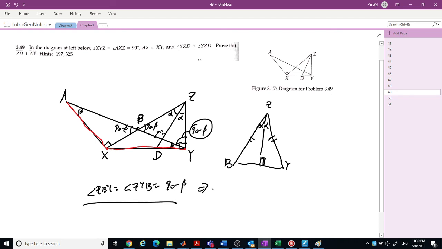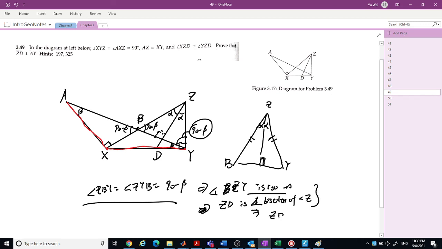Then we can see triangle BZY is an isosceles triangle, and also ZD is the angle bisector of the vertex angle, of angle Z. Now based on this, you can see that ZD is perpendicular to AY. Okay, that's it. Next.